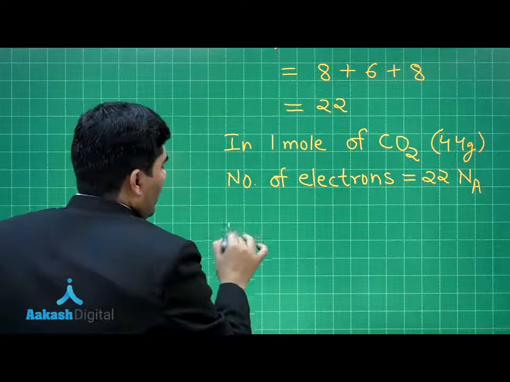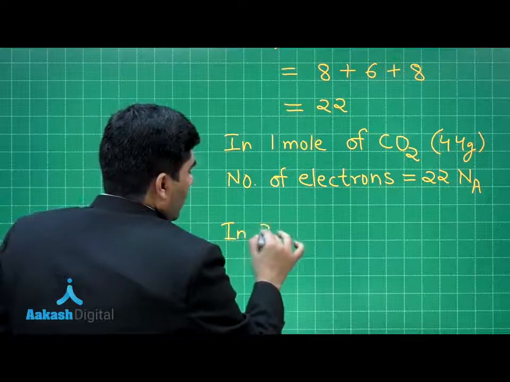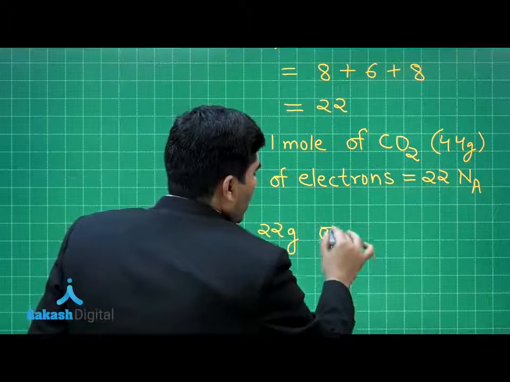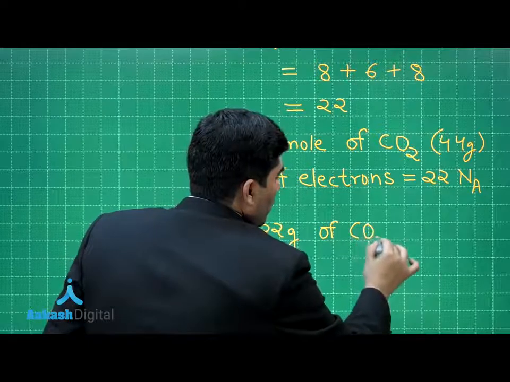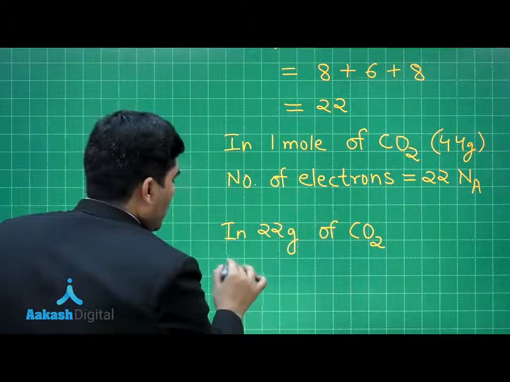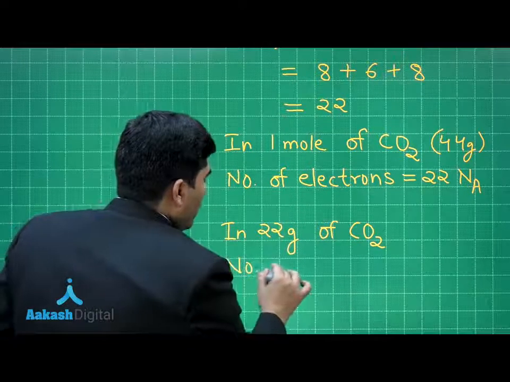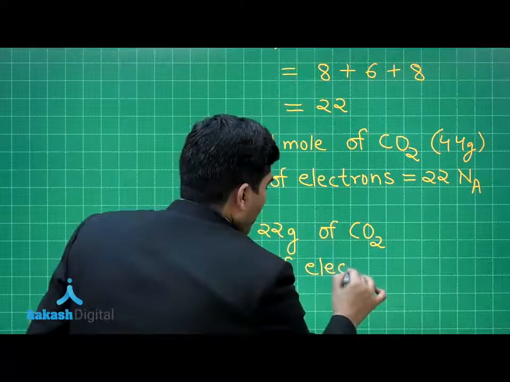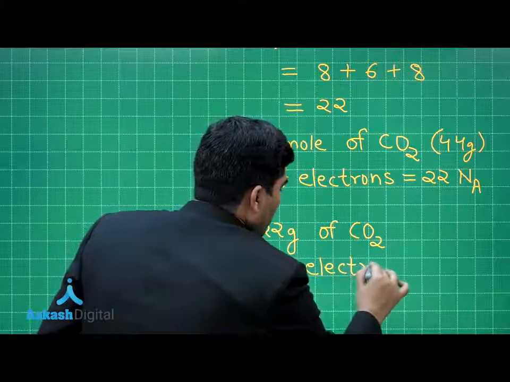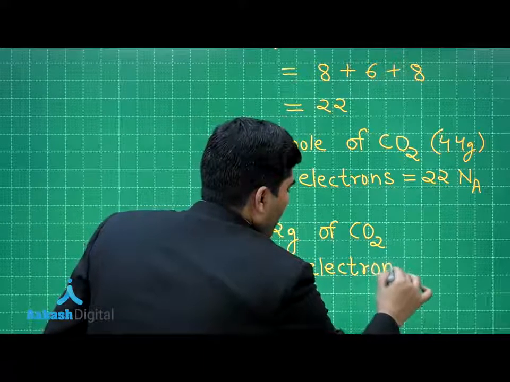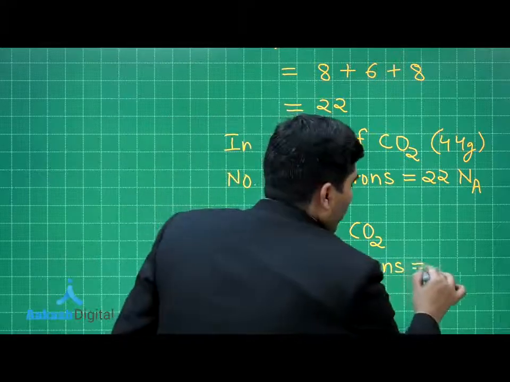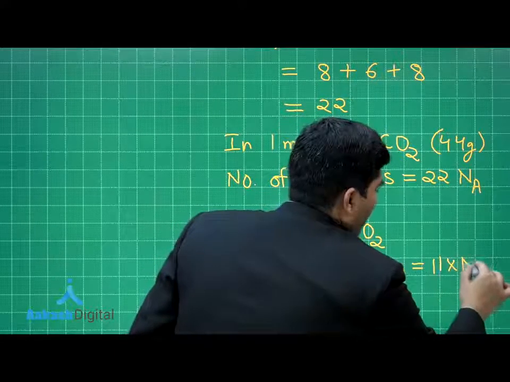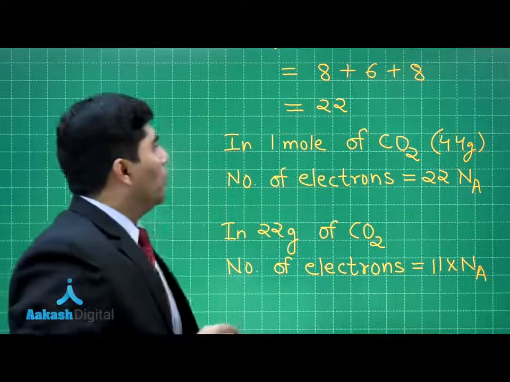Now, in 22 grams of CO2, the number of electrons will be equal to 11 into Na.